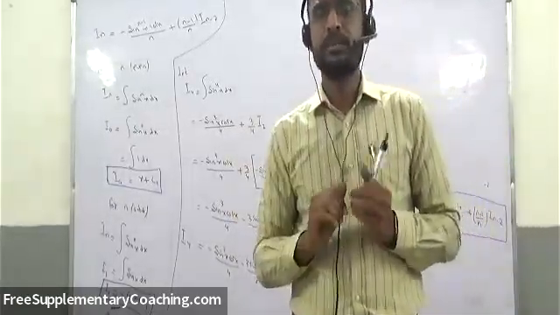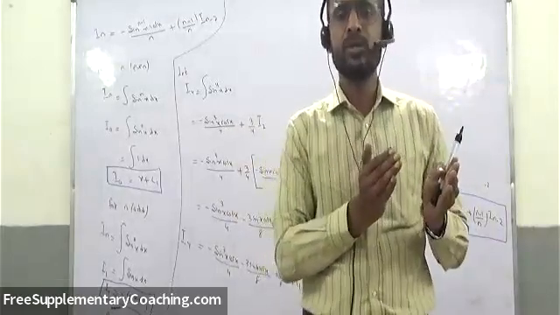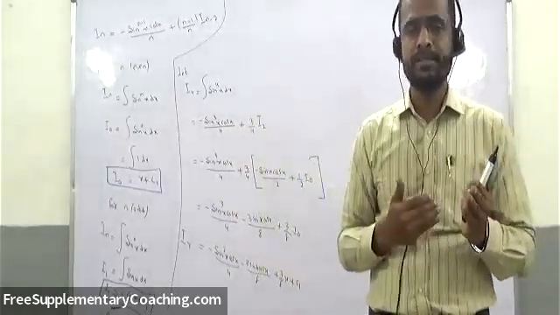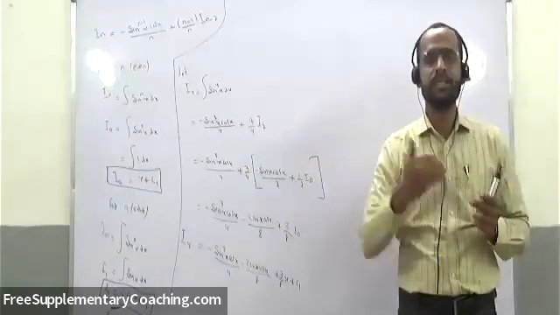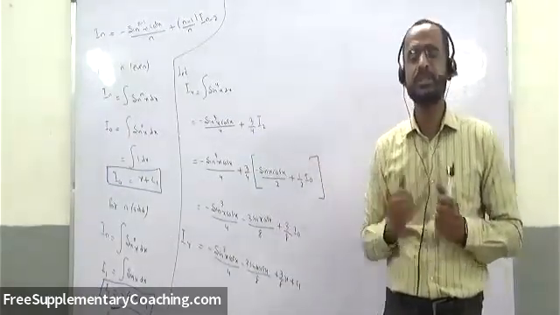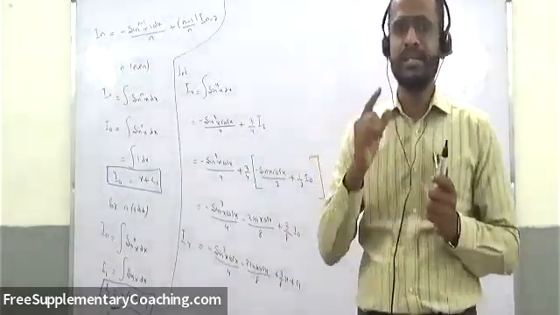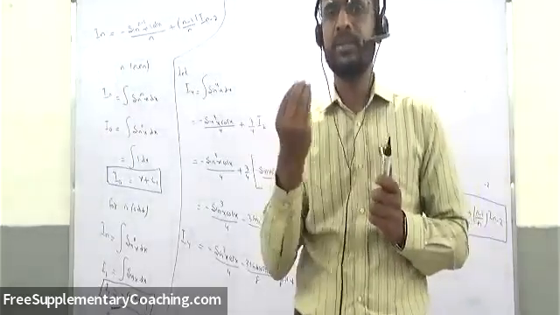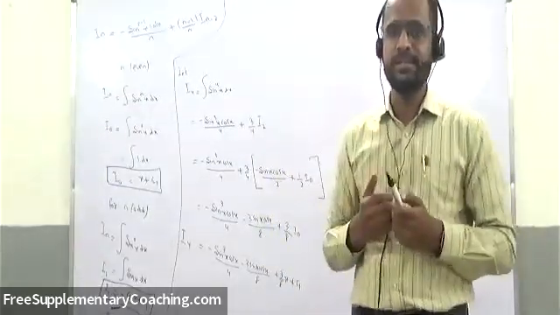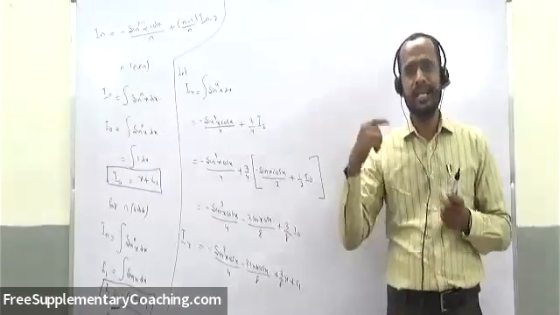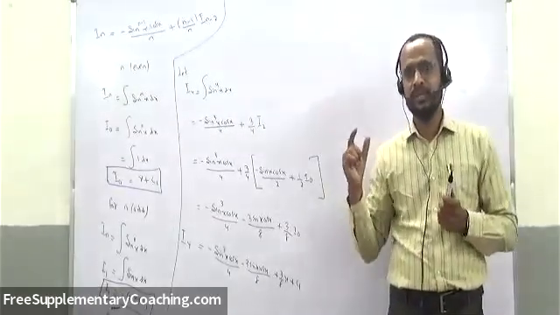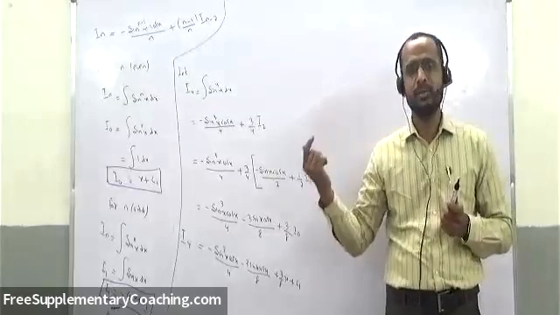So the first step, you have to take In is equal to integration of sine power n x into dx. So next step, what we have done here, just we have written integration of sine power n x dx with slight changes. What are those changes? Just we have written integration of sine power n minus 1 x into sine x into dx.